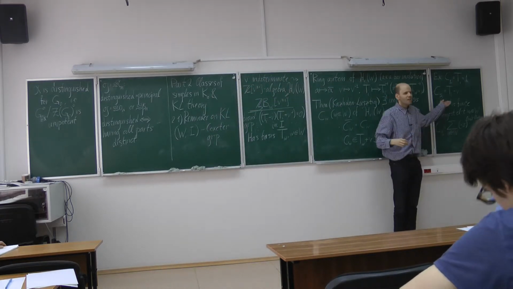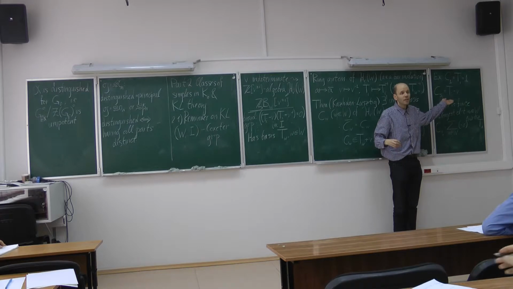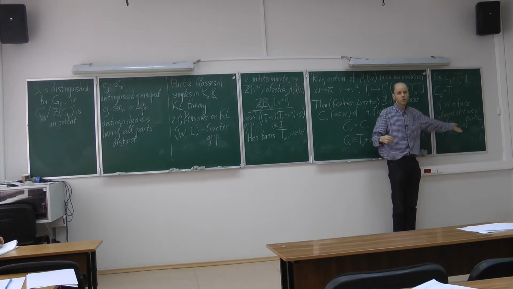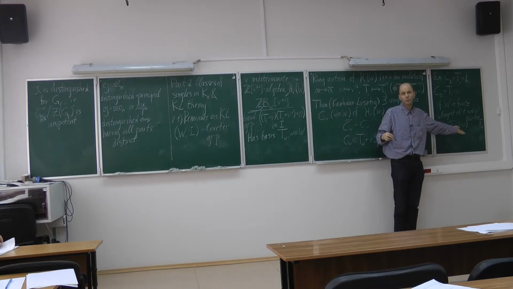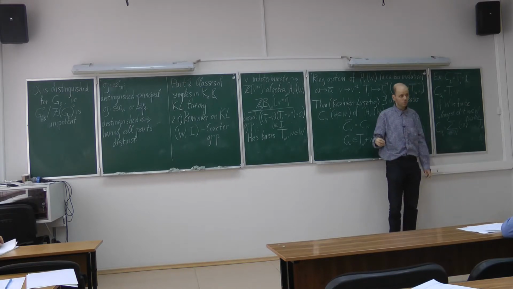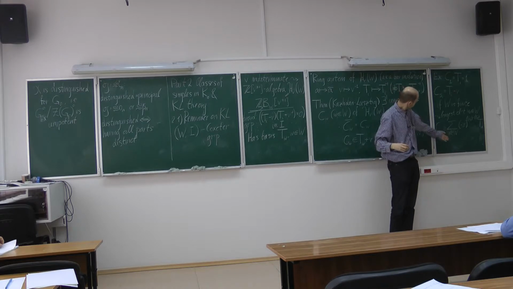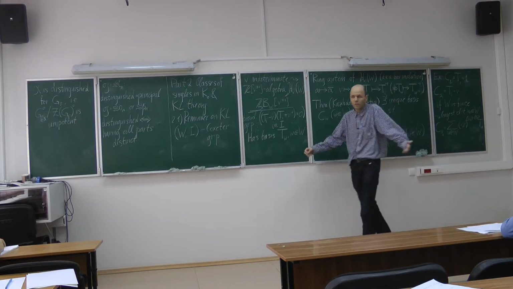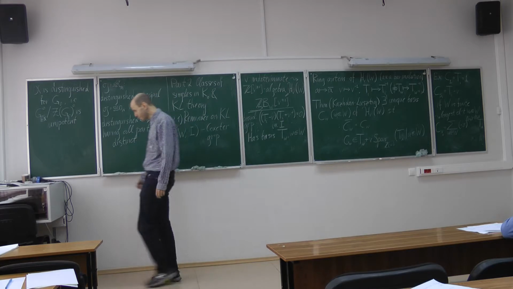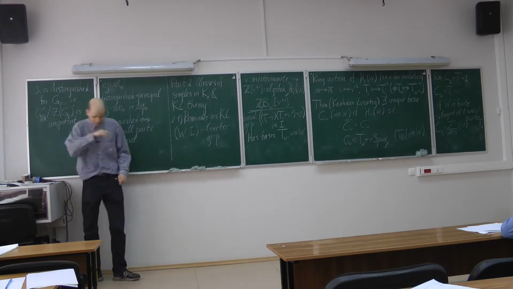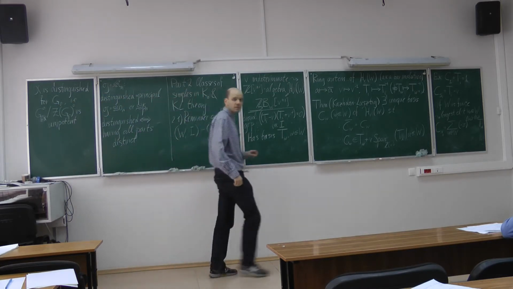Namely, if you take some finite parabolic subgroup of W, then the formula is going to be the same, where you sum over elements in the parabolic subgroup. So these elements are easily computable, but in general there is no explicit formula. Questions?